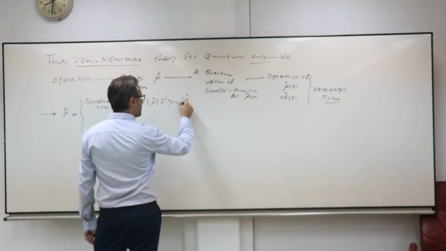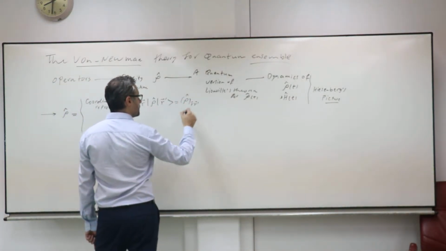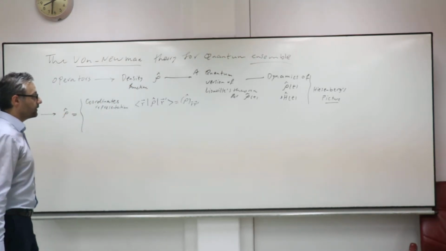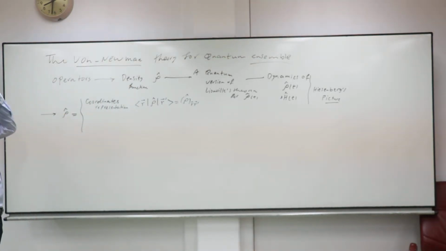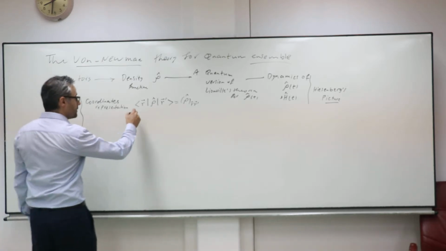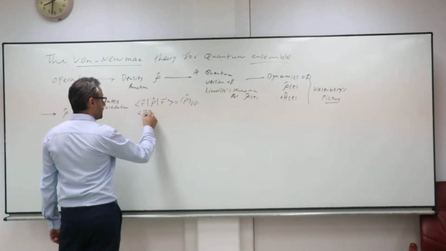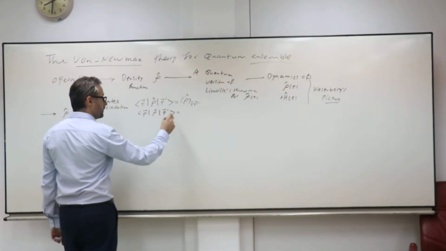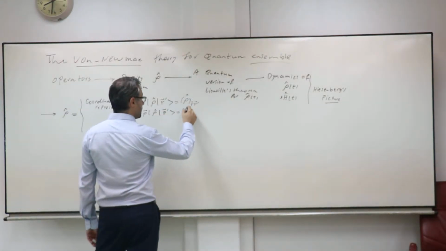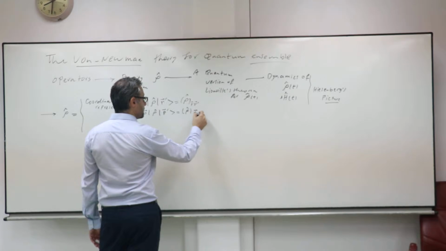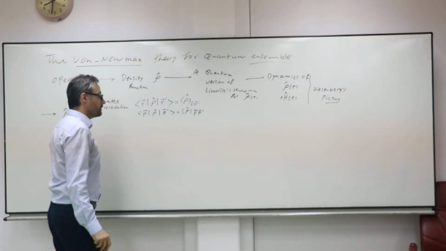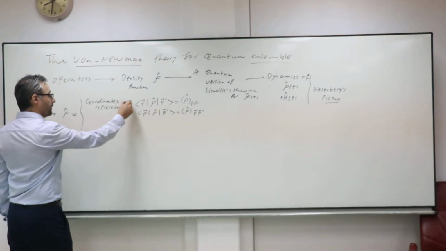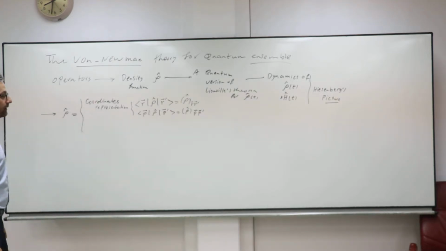We call it rho of R, R prime. This is the representation of the operator in the coordinate representation, and sometimes it's useful to find the matrix element in the momentum representation. This is another possibility.